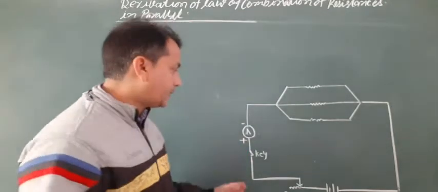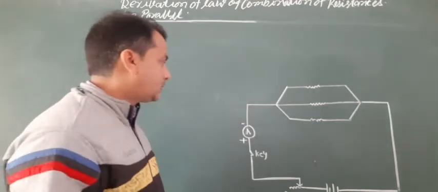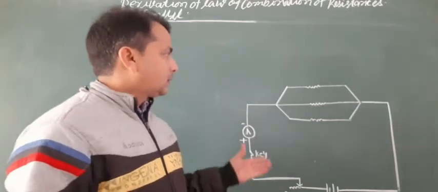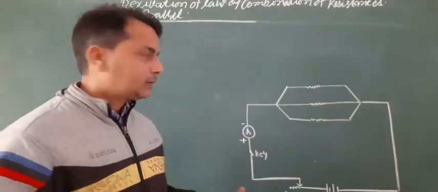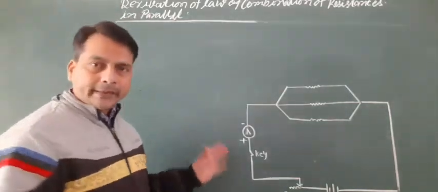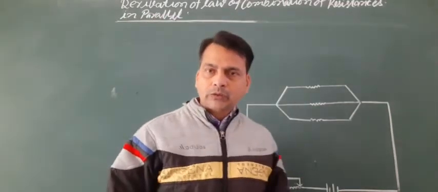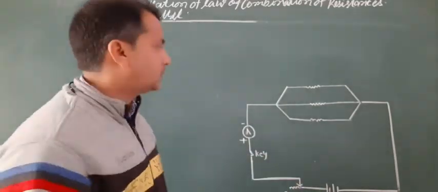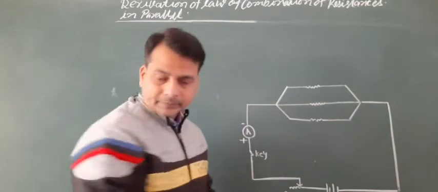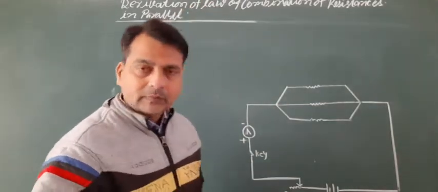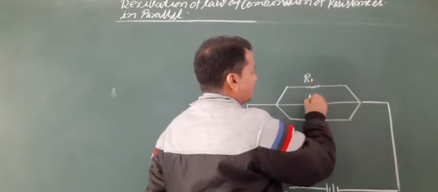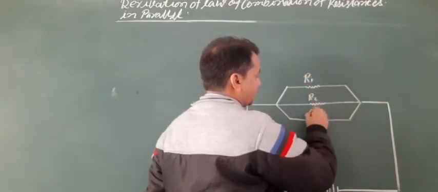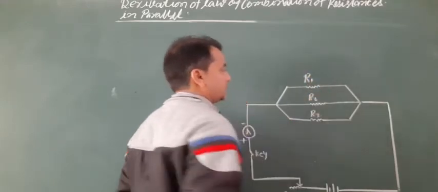So here is the circuit diagram. Suppose three resistors are used in this circuit, that is R1, R2 and R3.